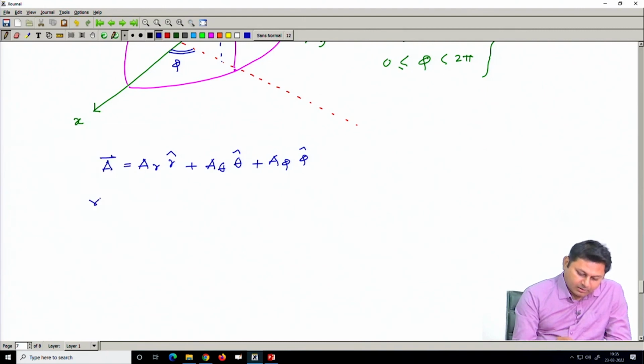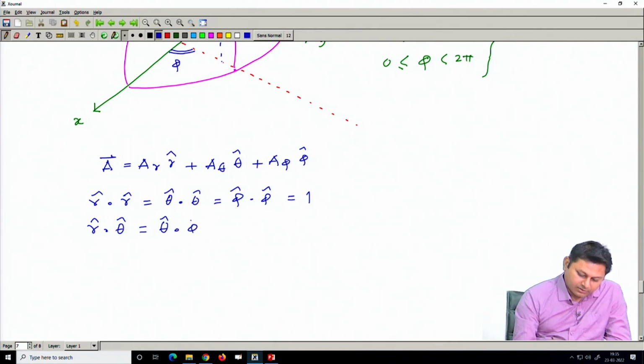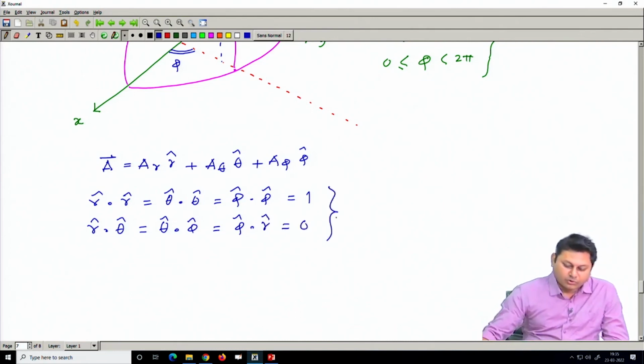And r dot r equals theta dot theta equals phi dot phi, which is equal to 1. r dot theta, theta dot phi, phi dot r, these are 0. That means they are forming an orthonormal basis.